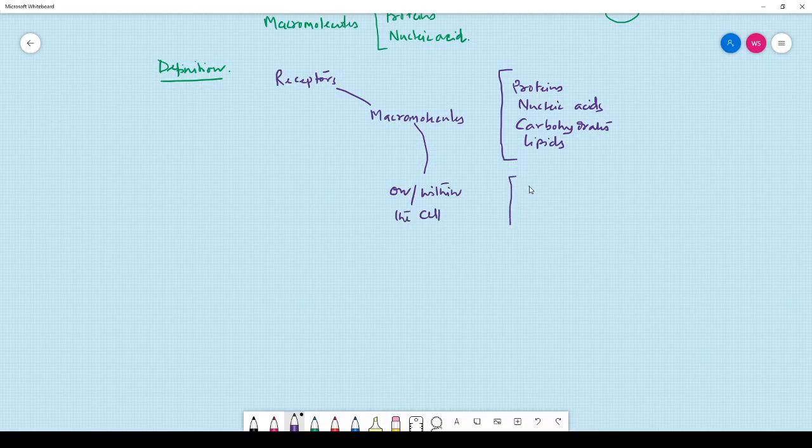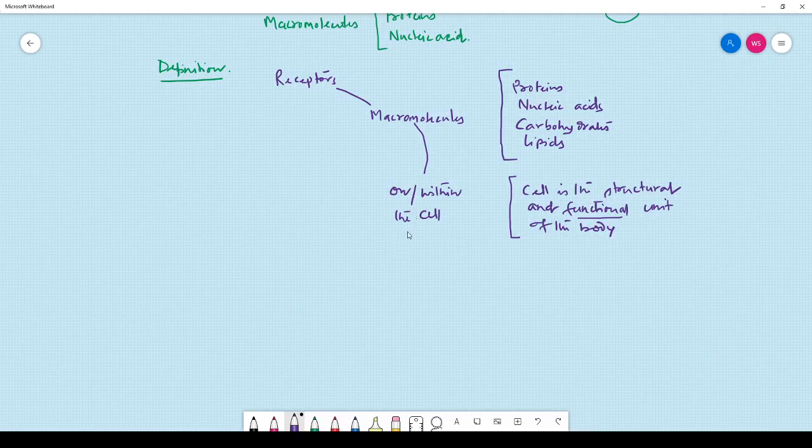Why this cell? Because cell is the structural and functional unit of the body. Okay, which means if it is the functional unit of the body, if you can interfere with some function of the cell, then ultimately you interfere with the function of the body.